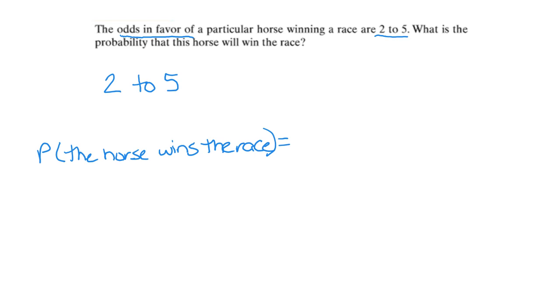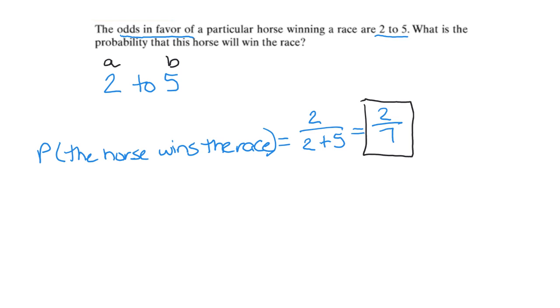According to that formula, the first number would be our A, which is the number 2, and our second number 5 will be our B. Using the formula to find the probability, we'll have A, which is 2, divided by A plus B, or 2 plus 5. And doing some basic math, this will result in 2 over 7. So the probability that the horse will win the race is 2/7. This will conclude the lecture.